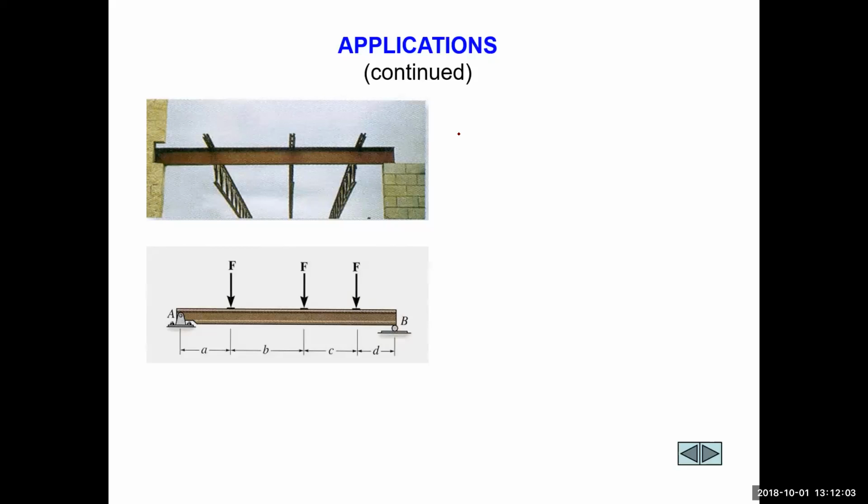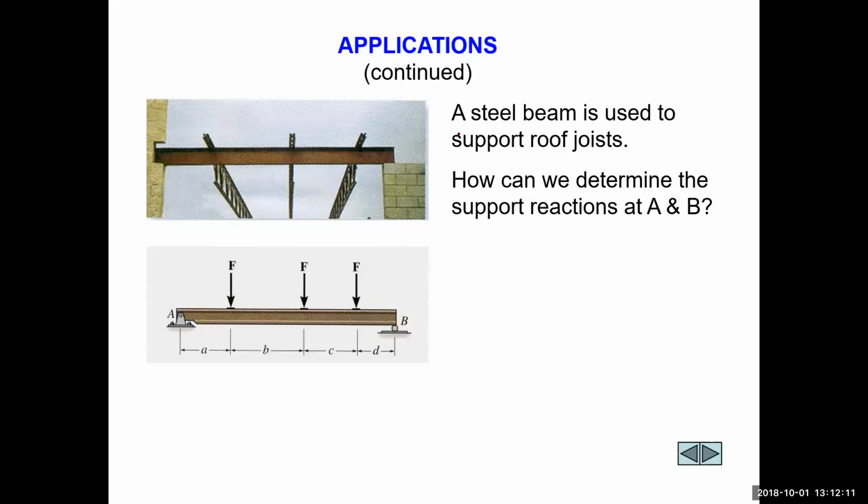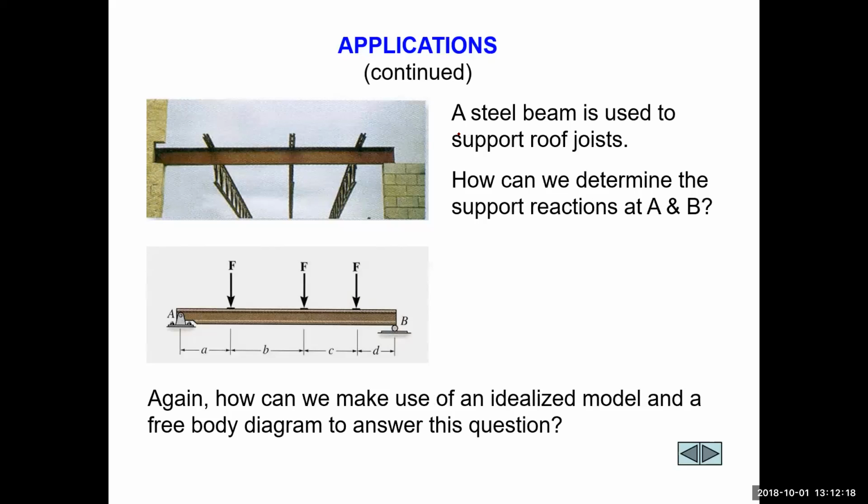Again, here we have a real situation, an idealized model where those roof joists are laying on that beam, and we're asked to find the support reactions at A and B. And this also is the idealized model.